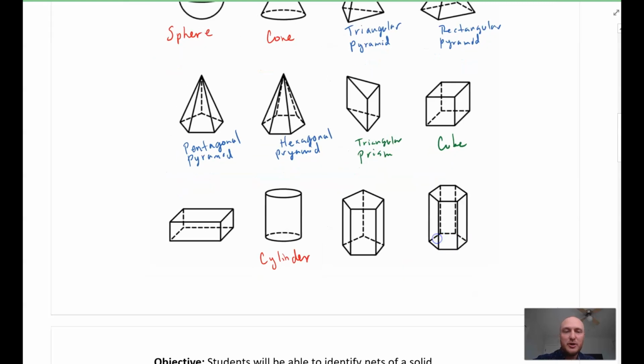That's a cube. Here we have a rectangular prism, a pentagonal prism, and a hexagonal prism.